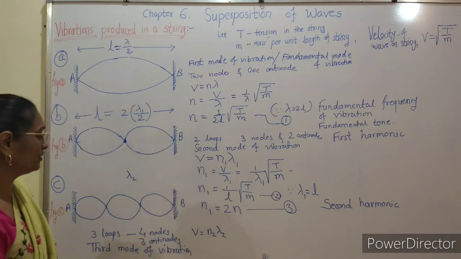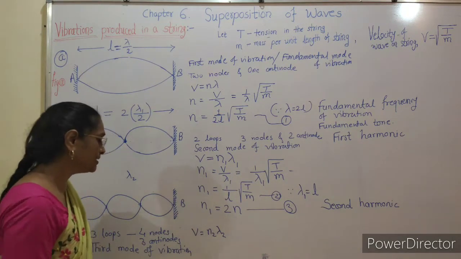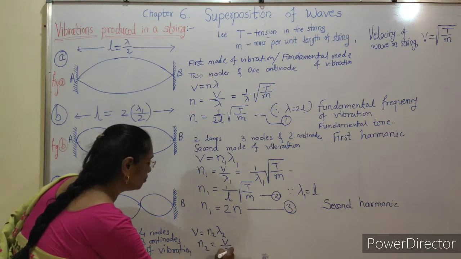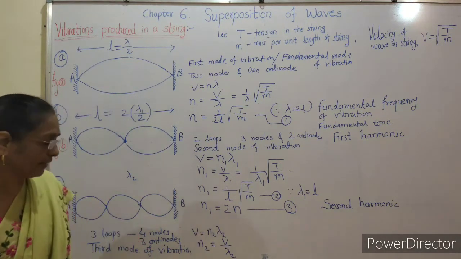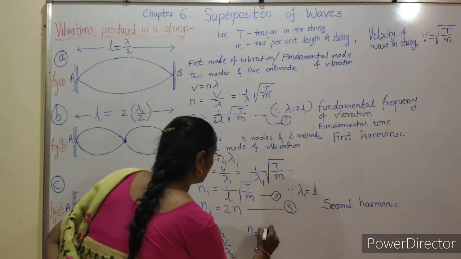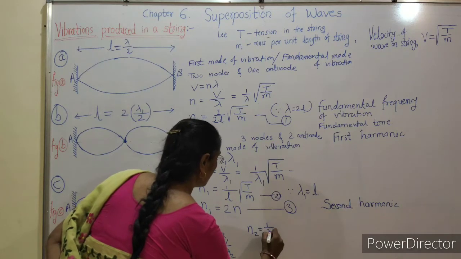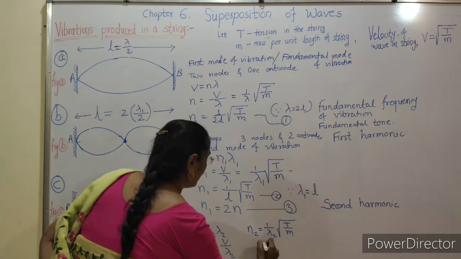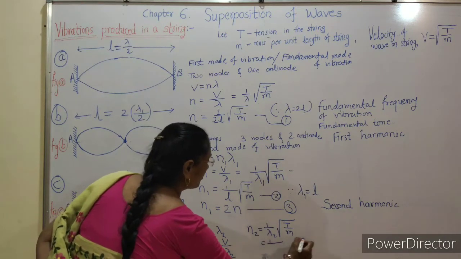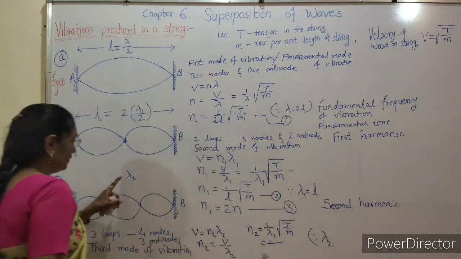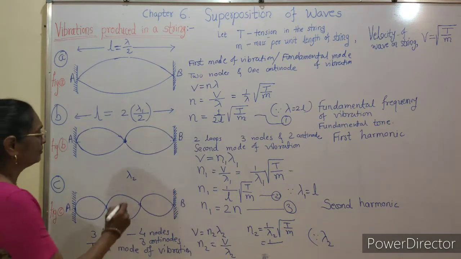Lambda 2 is the wavelength, n2 is the frequency, so that we write n2 is equal to V upon lambda 2. And again further substitution gives us 1 upon lambda 2 under root T upon m. Now we have to substitute for lambda 2. Here 3 loops are there.